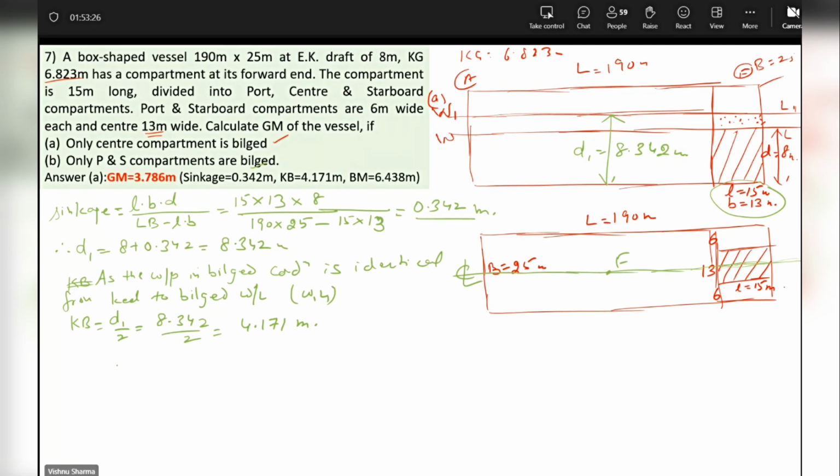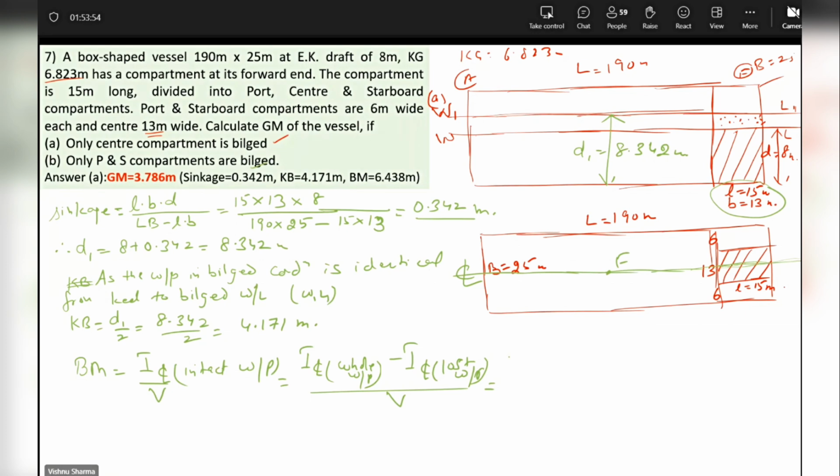So BM will be equal to ICL of the intact water plane upon the volume of displacement. ICL of the intact water plane will be equal to ICL of the whole water plane minus ICL of the lost water plane, divided by the volume of displacement.